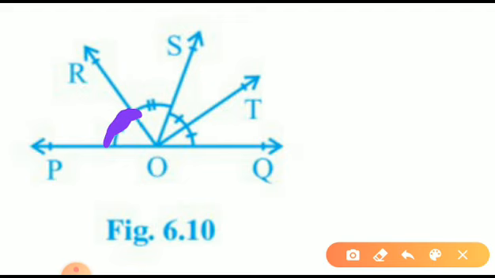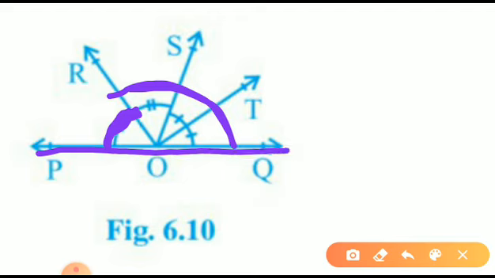If I add the two adjacent angles, I should get a straight line. So can I say that ROQ will be the linear pair of POR? Yes, because angle this plus angle this, I will get a straight line. Is that clear?